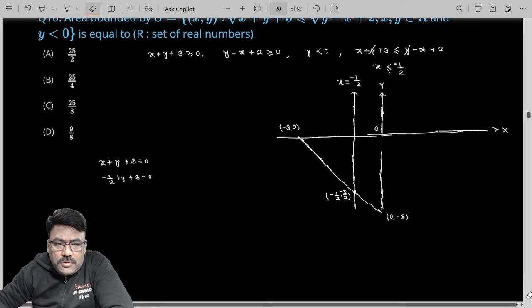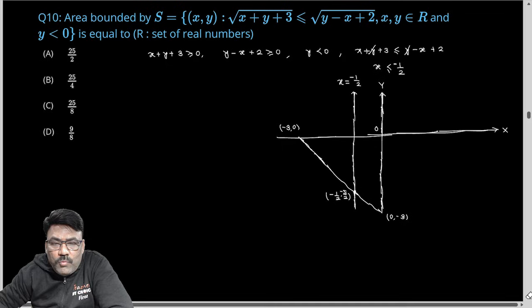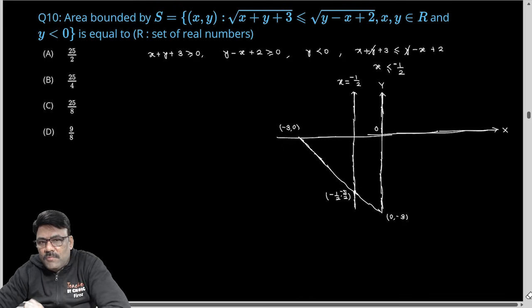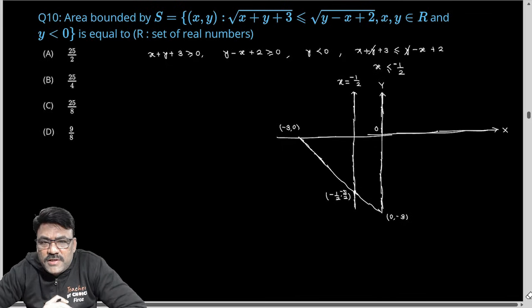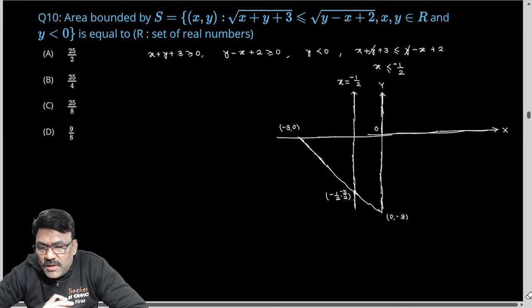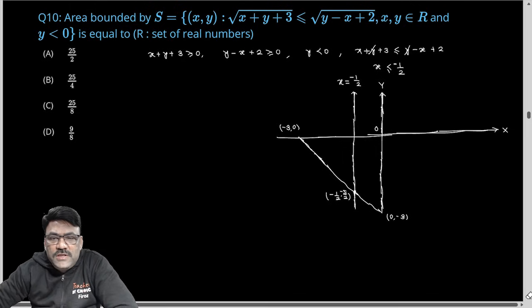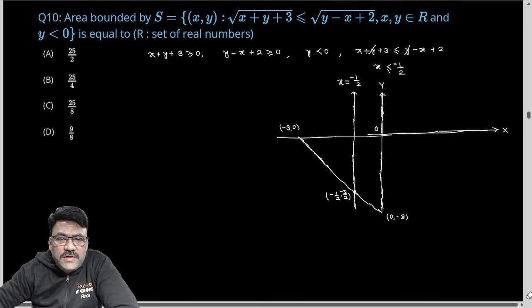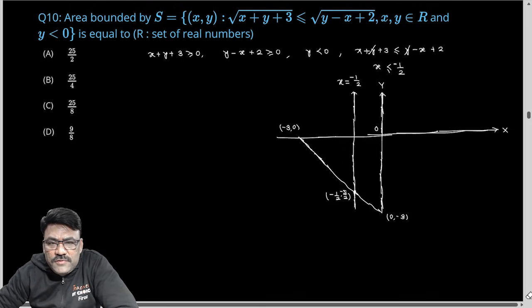Right. Now one more line we have, y minus x plus 2 equals 0. And this line cuts the x-axis at 2 and the y-axis at minus 2. And what will be the intersection of these two lines? Obviously the intersection of these two lines is also this same point, x is equal to minus half.